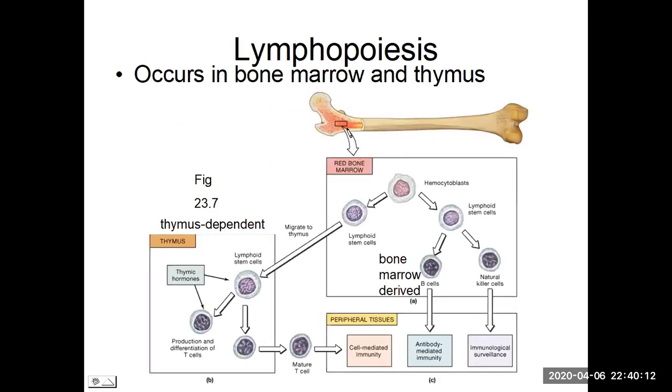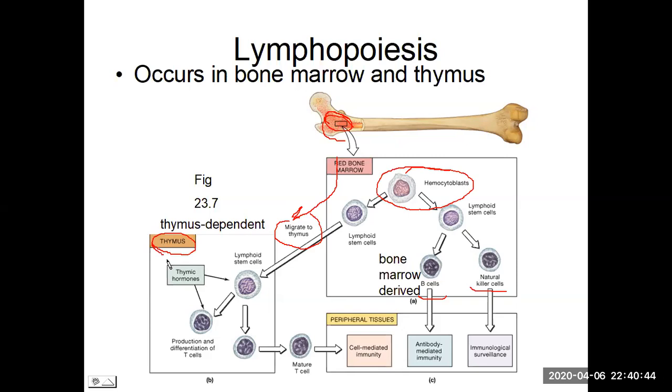And just want to remind you, all of our blood cells, erythrocytes, all types of leukocytes, platelets, are originally formed from our bone marrow, going on to produce the various types of leukocytes. However, one distinction is those thymus-dependent lymphocytes, the T cells. They now travel from the bone marrow to the organ, the thymus.